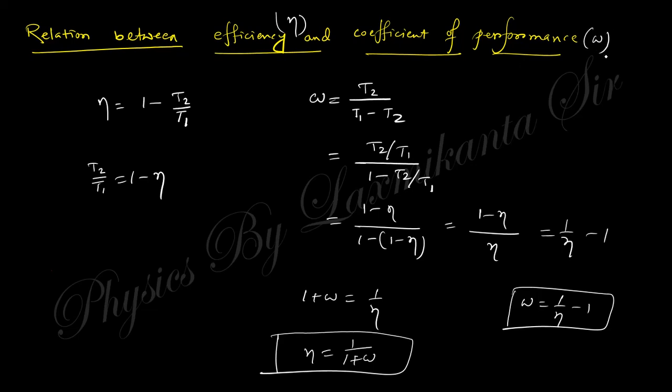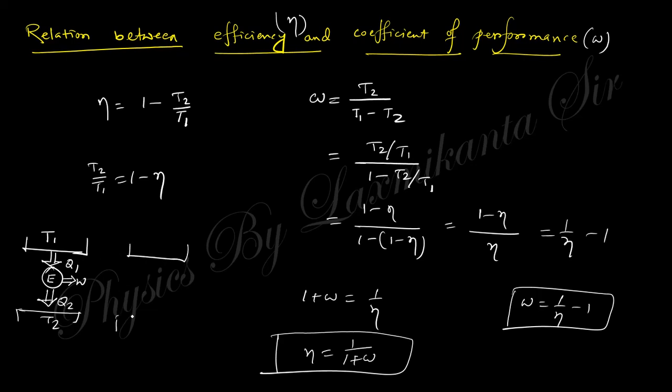Okay. So there are two systems. Engine. What is an engine? The basic thing is the engine. In the engine, we take heat Q1 from the source, do some work, and eject heat to the sink. This is the engine.